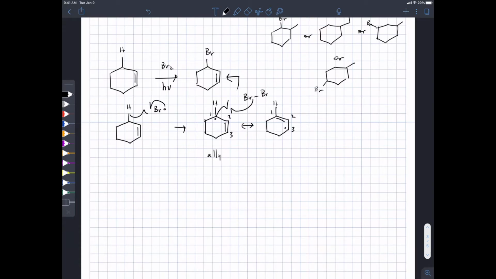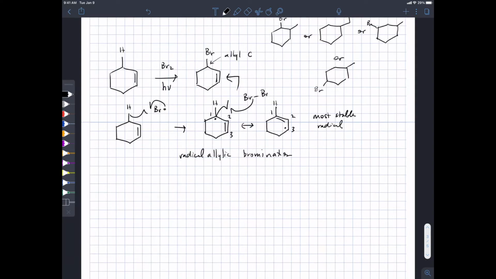Sometimes people call this radical allylic bromination because you put the bromine on at the allyl carbon. All right, so that's just another example of the same reaction, only we're selectively modifying the allyl position because that's where you get the most stable radical.